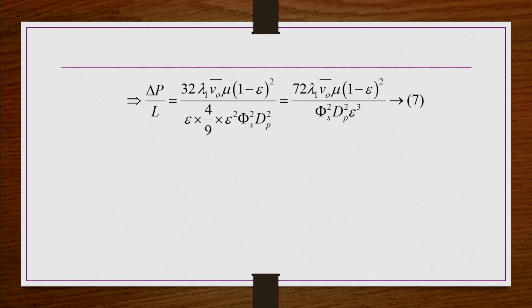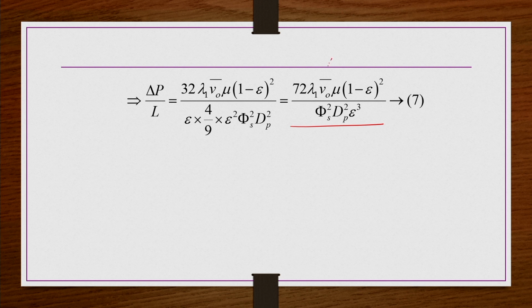Now, this equation you rearrange and simplify. So, then we have delta P by L is equal to 72 lambda 1 V naught bar mu times 1 minus epsilon whole squared, by pi s squared dP squared epsilon cubed. This is what we are having. Right.